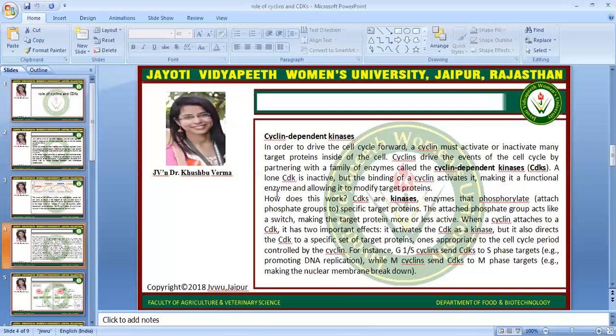It activates the CDK as a kinase, but it also directs the CDK to a specific set of target proteins appropriate to the cell cycle period controlled by the cyclin. For instance, G1/S cyclin sends CDK to S phase targets, for example promoting DNA replication, while M cyclin sends CDK to M phase targets, for example making the nuclear membrane break down.